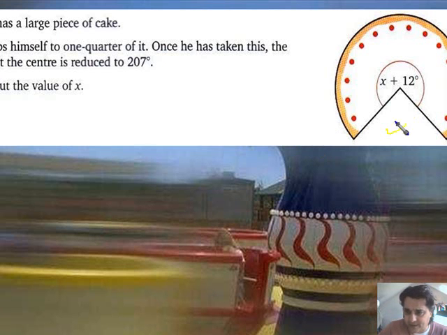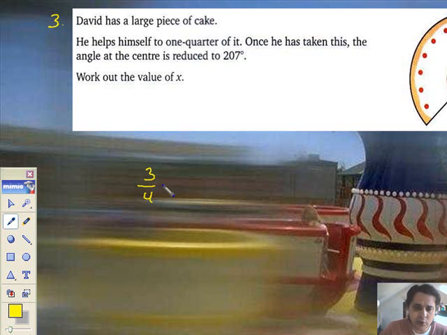Let's think very carefully. If I take a quarter of the cake, so that part is a quarter, the remaining 3/4 must be that angle there. So 3/4 of the cake that's still remaining will leave me an angle of 207 degrees.